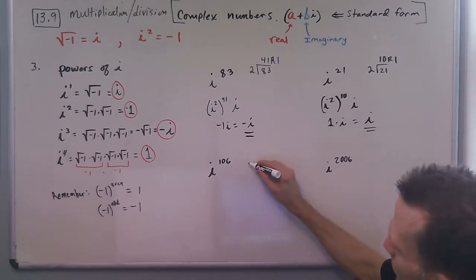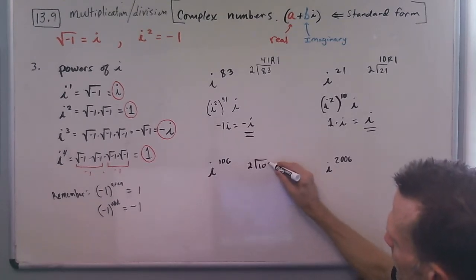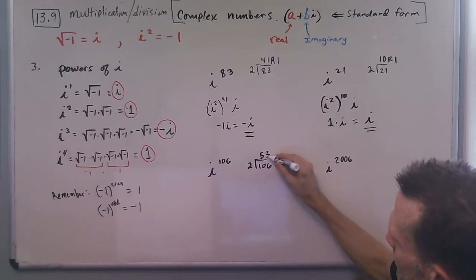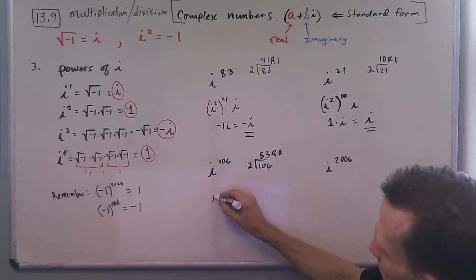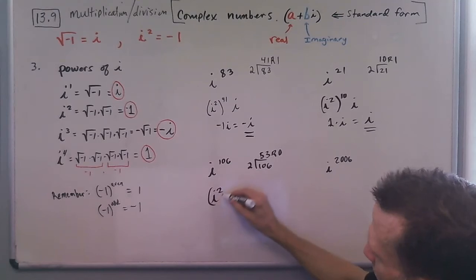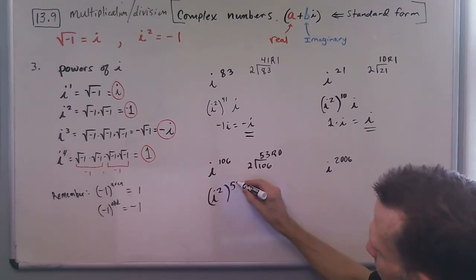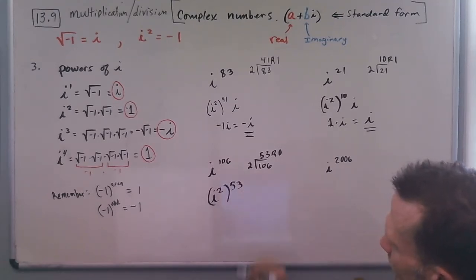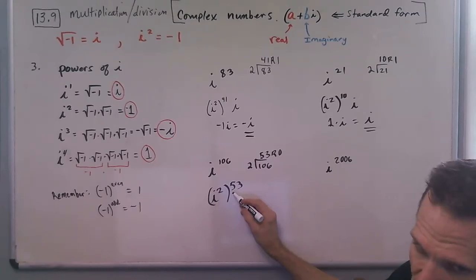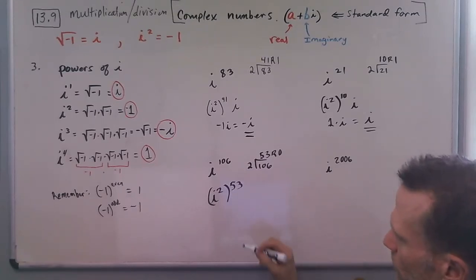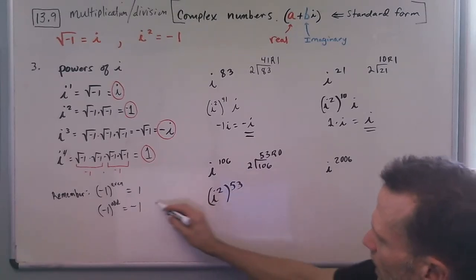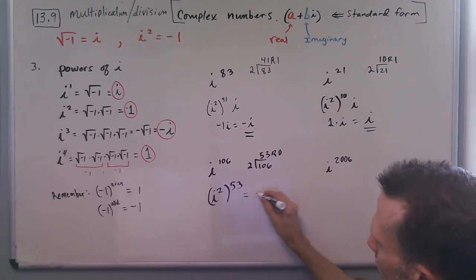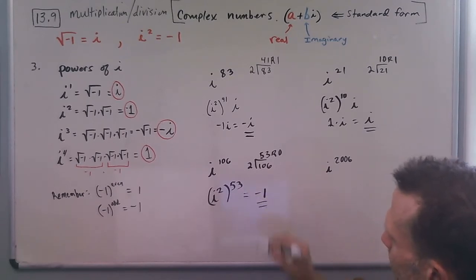And then 2 goes into 106 53 times with a remainder of 0. So I'll write this as i squared to the 53rd. Remember our exponent rule. We can check that, multiply that, it equals 106. So I have i squared to the odd power, -1.